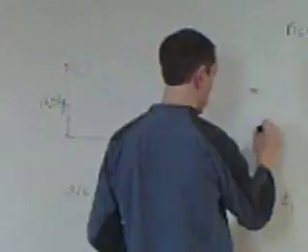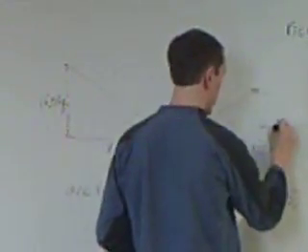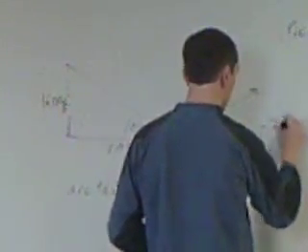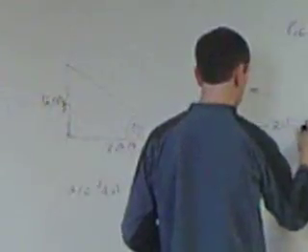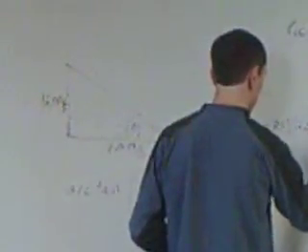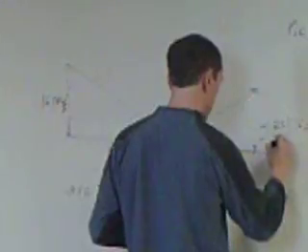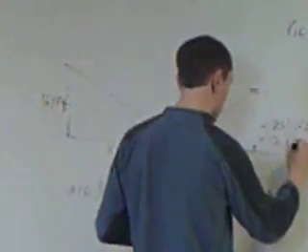So this height here is going to equal our coefficient of restitution, 0.85, times the 16.04 feet per second we came in with. And so that equals 13.63 feet per second.